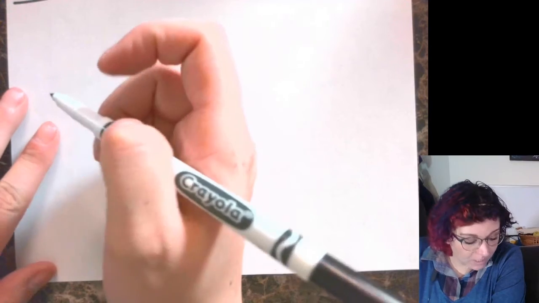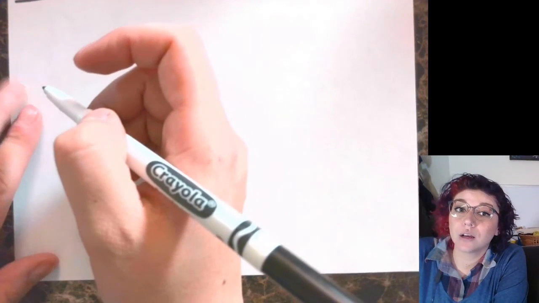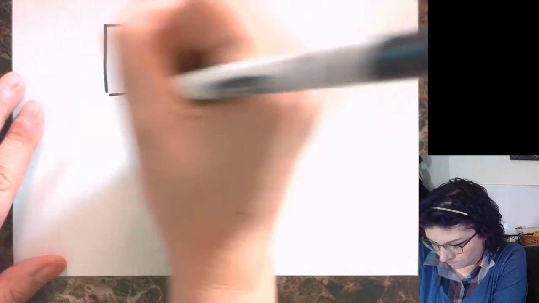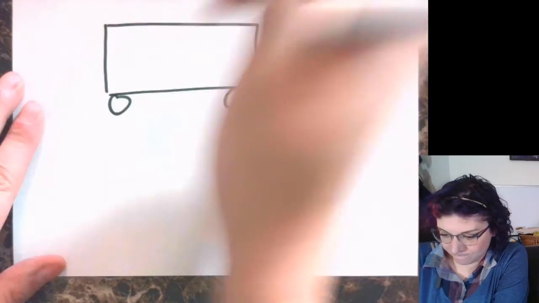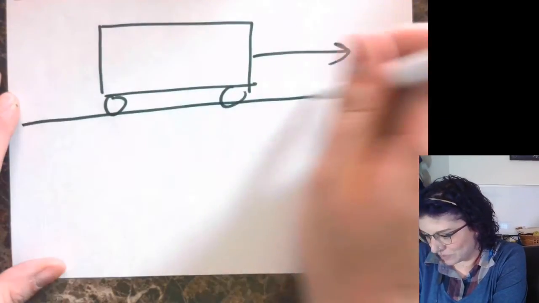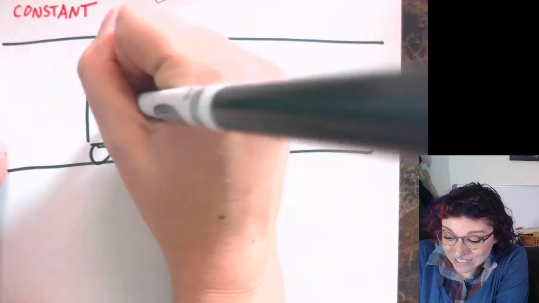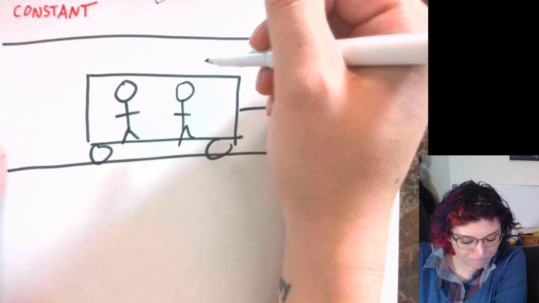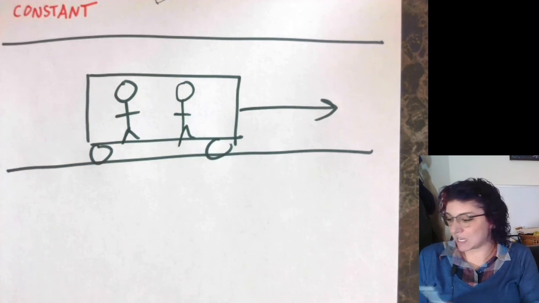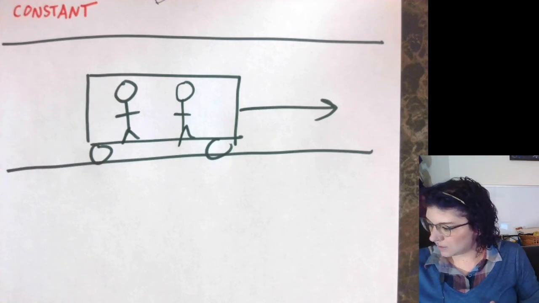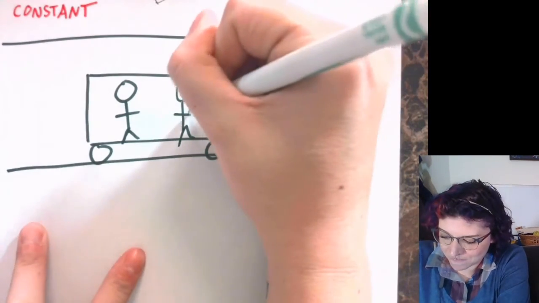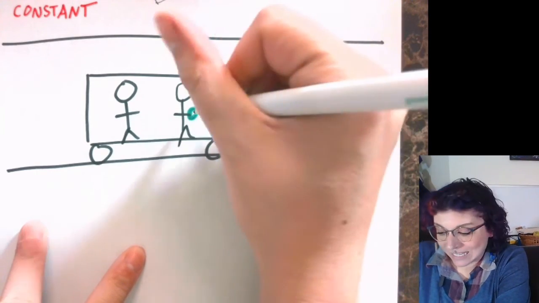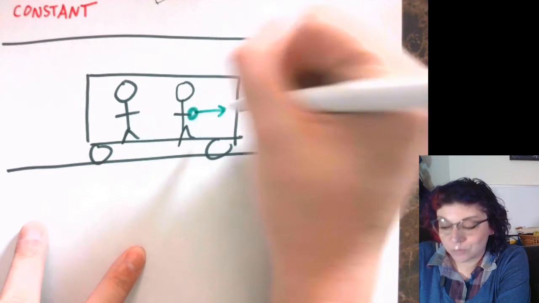So let's say you are on a moving train. It's my beautiful moving train. So you are inside the train, and so is your friend. Your friend has a baseball. I'm going to use green. It's a green baseball. And they throw the baseball inside the train, moving with the train.